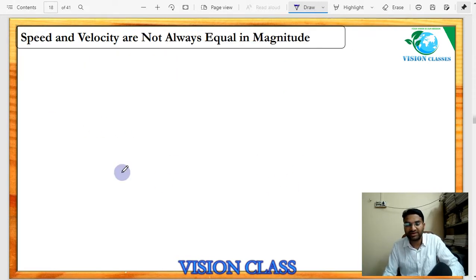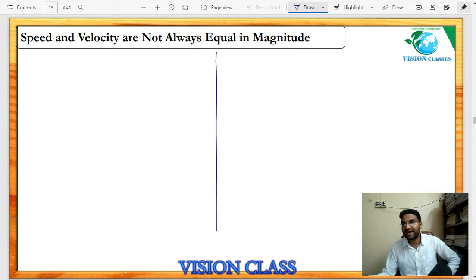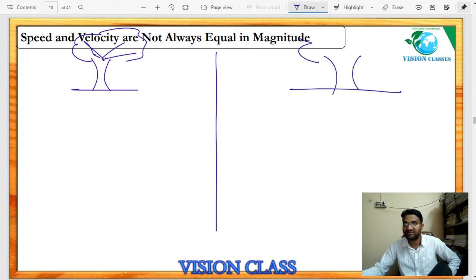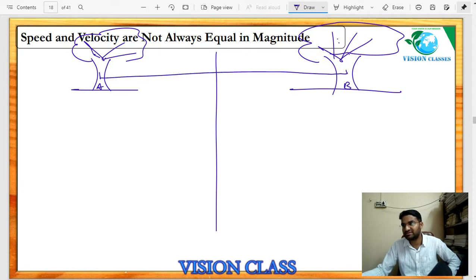Now next, a very significant concept. We discussed earlier that speed and velocity are not always equal in magnitude. Here we'll take two trees, A and B, and the distance between A and B is, let's say, 2 kilometers.